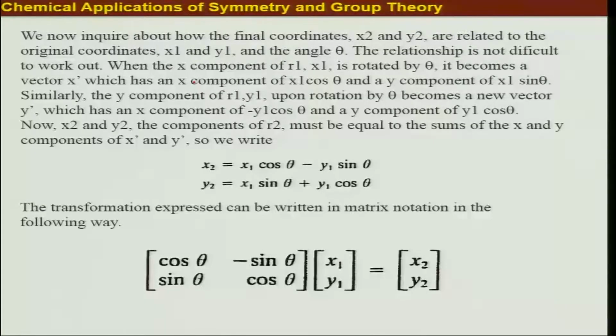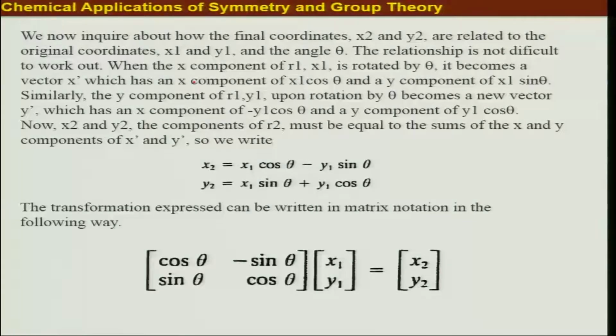So how? The x component of r1, which is x1, when rotated by theta, becomes a vector, say x prime, which has an x component of x1 cos theta and a y component of x1 sin theta. This is a simple geometry problem, so you can easily find that out.